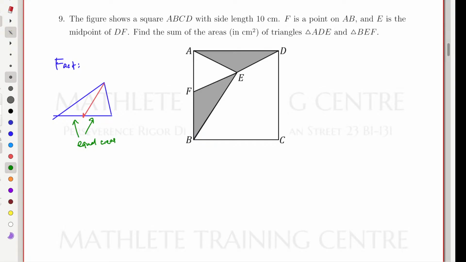So the way we can understand that is that firstly, these two have equal areas that I'm going to both call the letter X. They have equal areas because E is the midpoint on FD. But then we can also label something else. If I connect BD, then I can label both of these with the letter Y. Again, same reason, because E is the midpoint of FD.